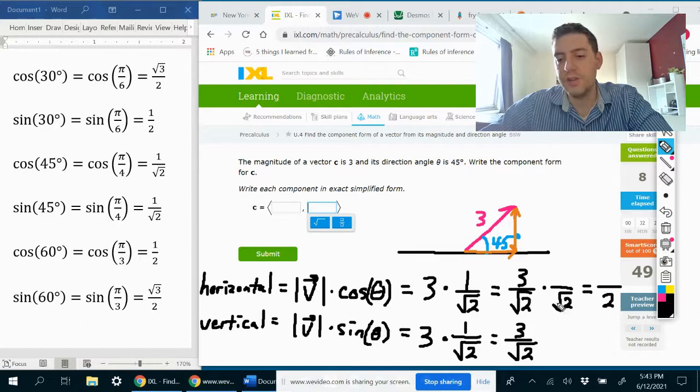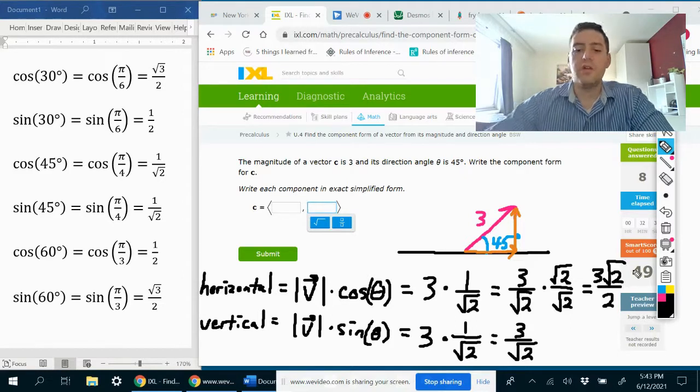The square root of 2 times the square root of 2 is just equal to 2. But if we multiply the denominator by that, we have to do the same thing in the numerator. So in the numerator, we're going to get 3 times the square root of 2, which we're just going to write like that. And this, of course, would be exactly the same because these are the same.